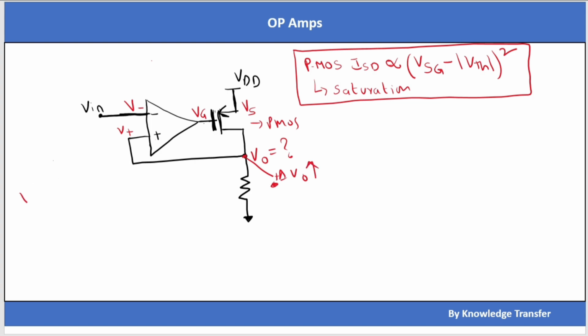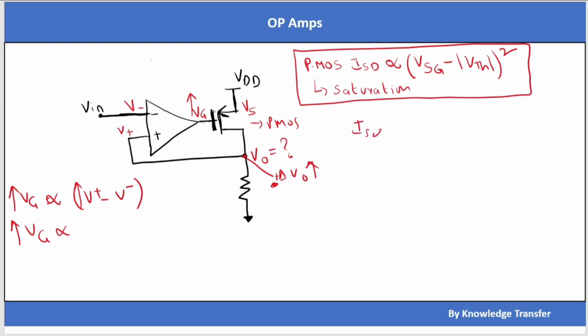Okay, because of that, Vg is always proportional to V plus minus V minus. Because V plus got increased, Vg will increase. Now this is a PMOS and let's assume this is in saturation.